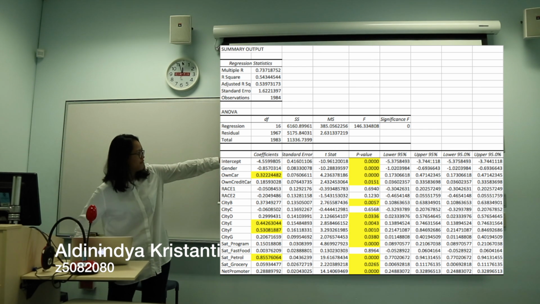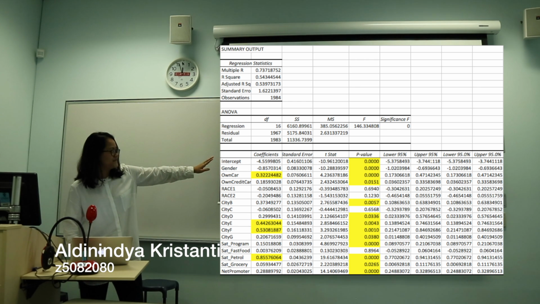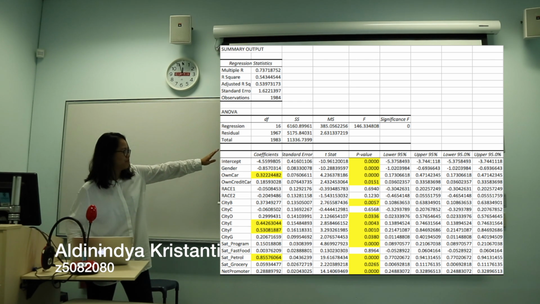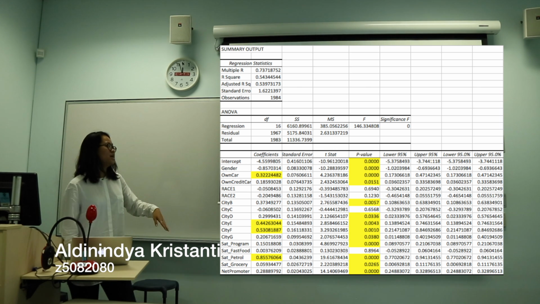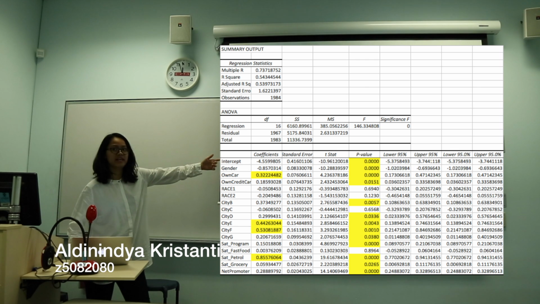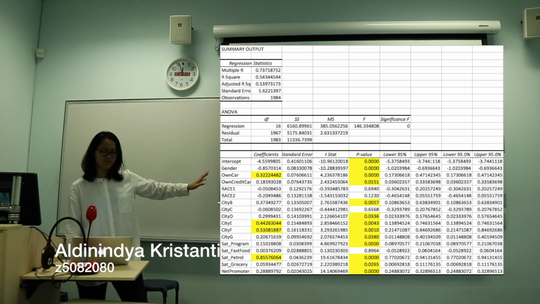As we can see from the p-values, the ones that are not highlighted are not significant. So race doesn't have any impact on the RFM scores whatsoever, and neither does whether or not they live in city C, or whether or not they're satisfied with the fast food merchant.